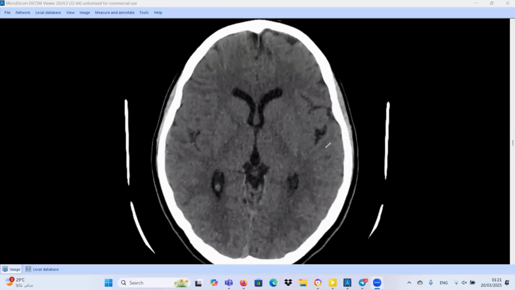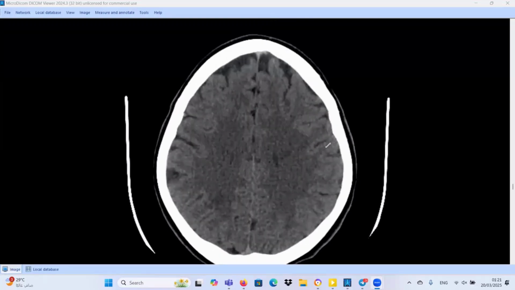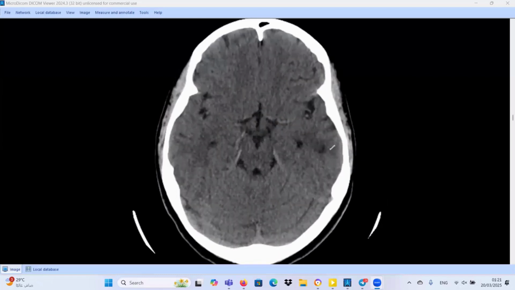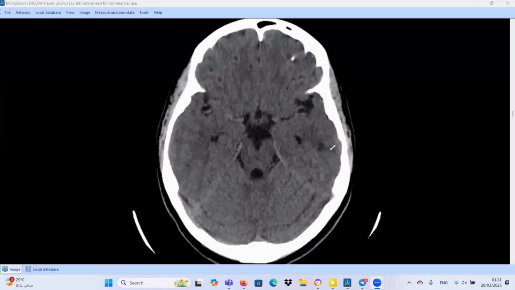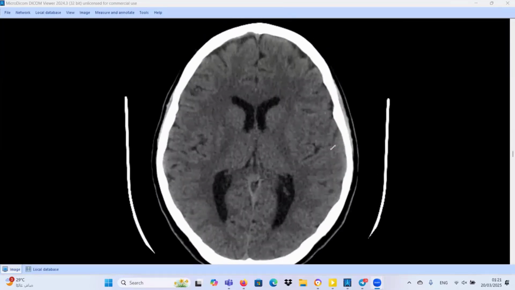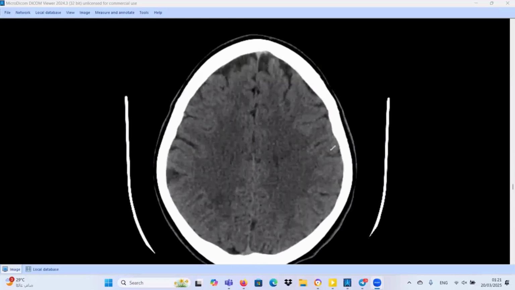Really, I'm not sure if these abnormalities are real or not. Let us see, maybe this one is a little bit more obvious at the left temporal region, this area. I think there is something abnormal in the white matter, multiple ill-defined hypodense patchy areas.